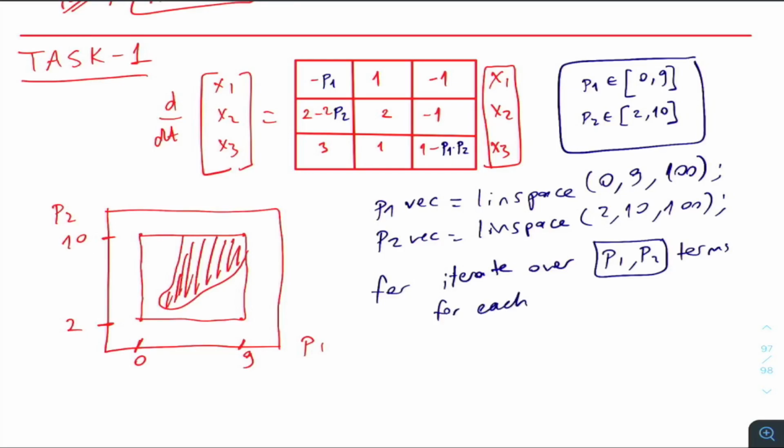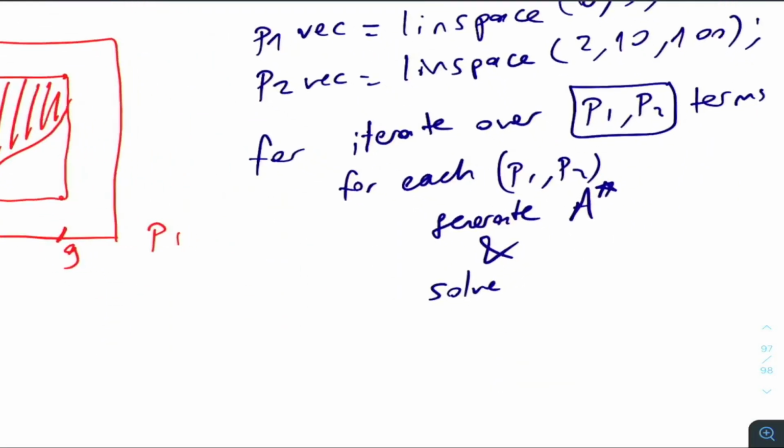For each e1, e2, generate A star, and for that specific numerical A matrix, solve the feasibility problem. What is the feasibility problem?